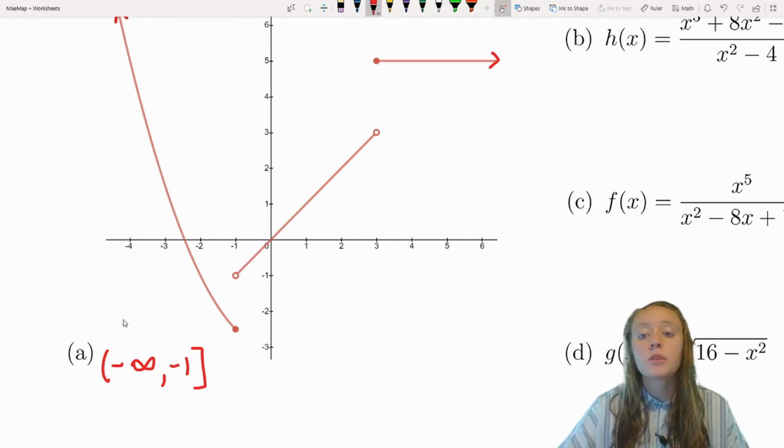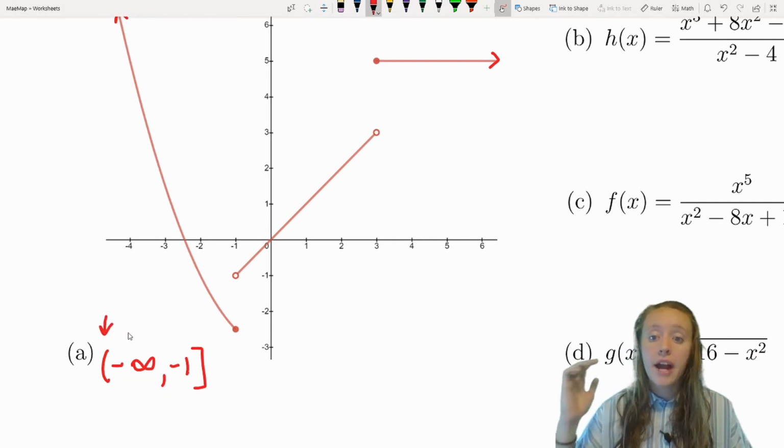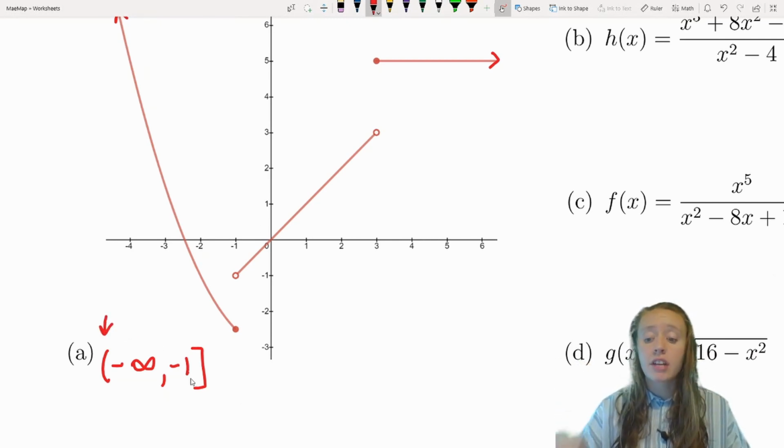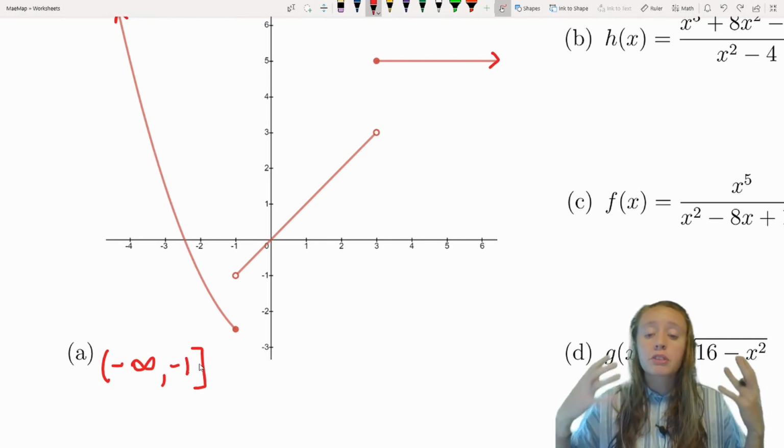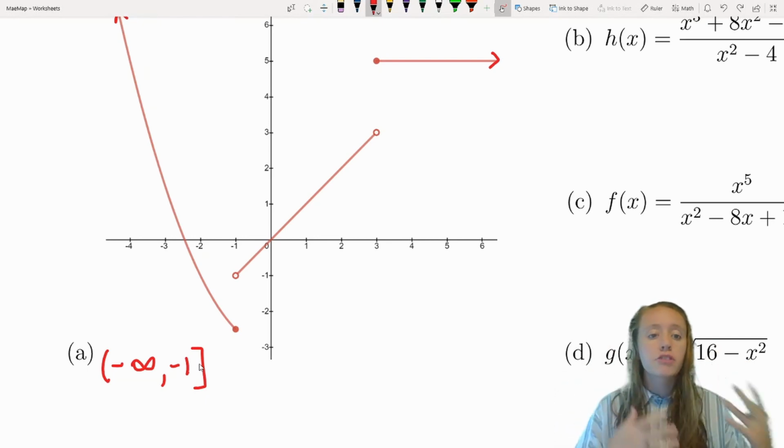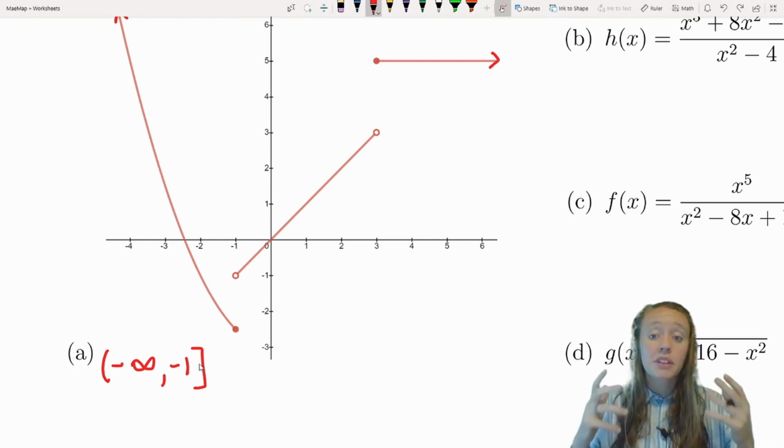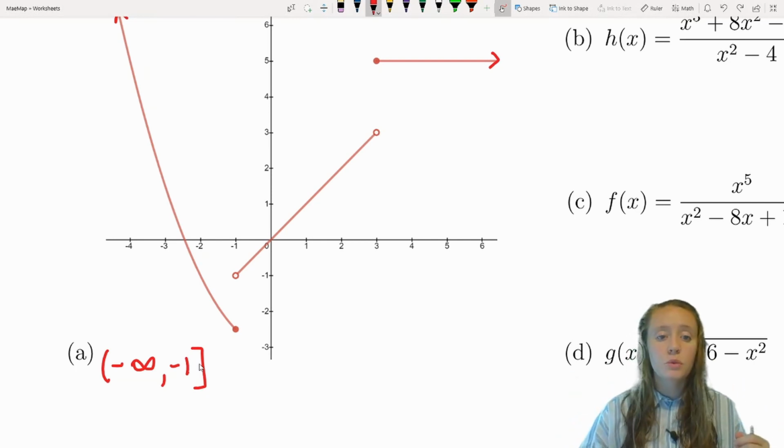Now you may be asking, why did I not put a bracket on that side of -infinity? You will always use a parenthesis when dealing with -infinity or positive infinity, because remember, those are just these arbitrarily large, either negative or positive numbers. It's a concept to express that x continues on towards very large values.